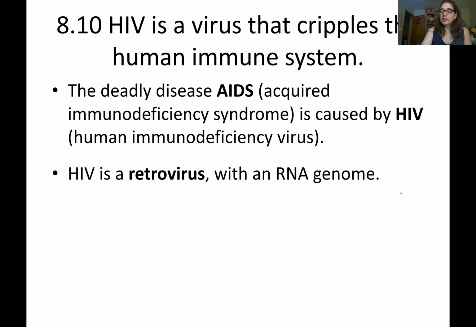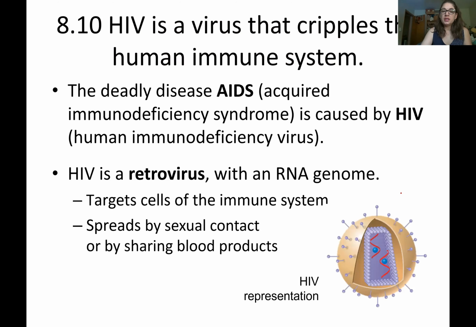And HIV is kind of special because the virus is called a retrovirus. Its genome is made of RNA, and it targets our immune system. We know that it spreads by sexual contact or in blood products. So one good reason to always use protection and not to do drugs, to avoid contracting HIV.